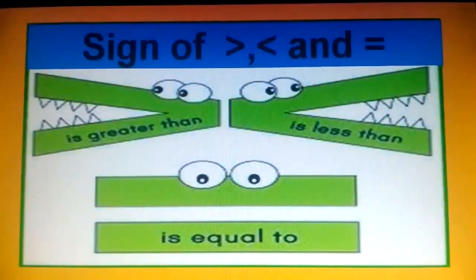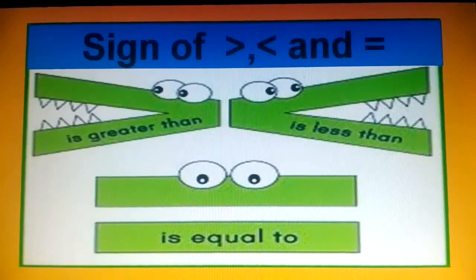First of all, these are the signs of greater than, less than and equal to. When we do comparison of numbers, we use these symbols: greater than, less than and equal to.